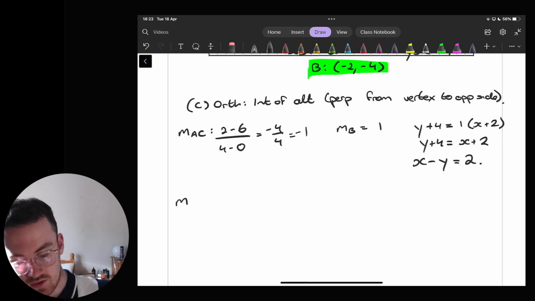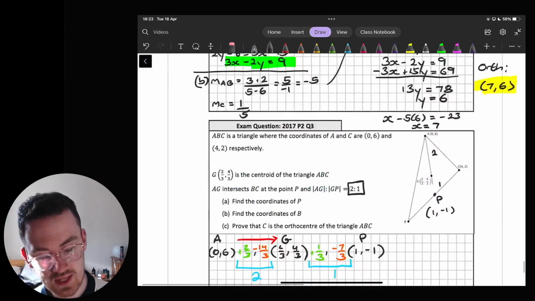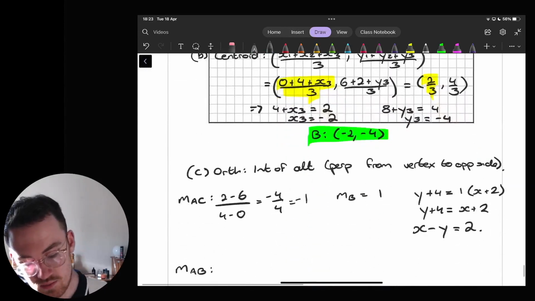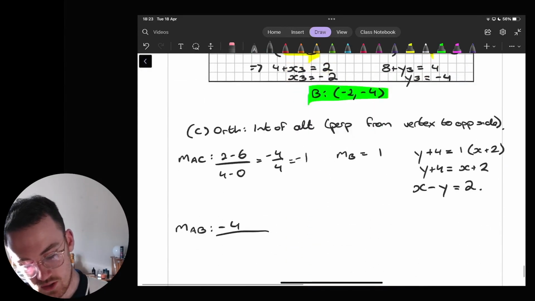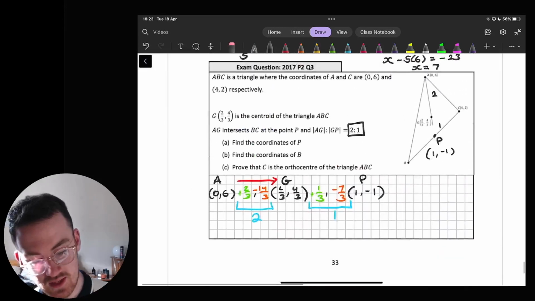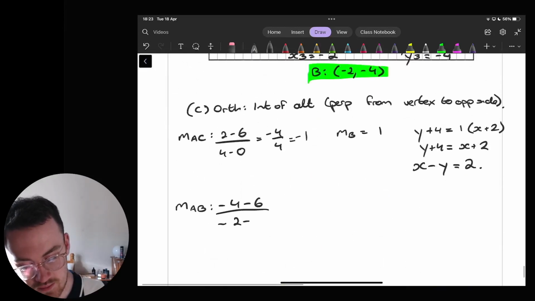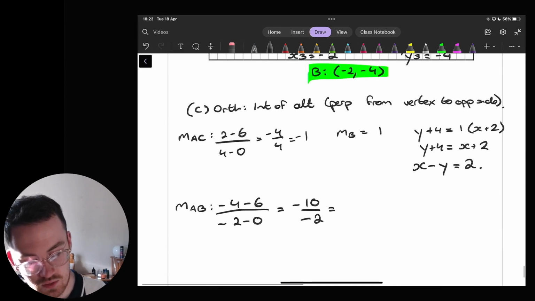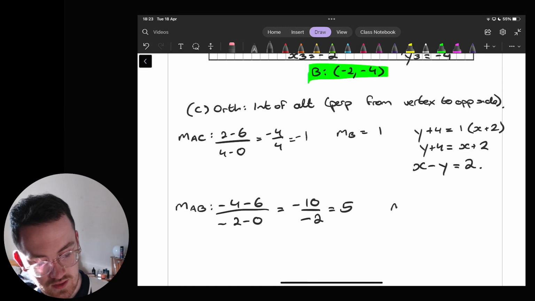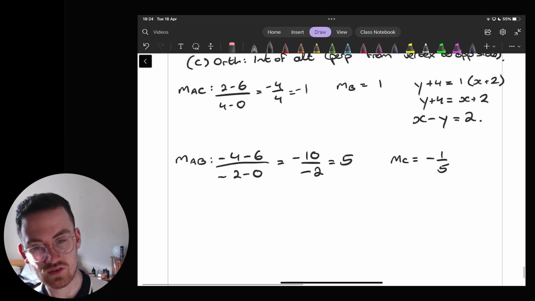We can pick one of our other sides then, so maybe we'll do AB this time. Looking at B as (-2, -4) and A as (0, 6), the slope is minus 10 over minus 2, which is 5. Then the slope of the line through C would be minus 1 over 5.